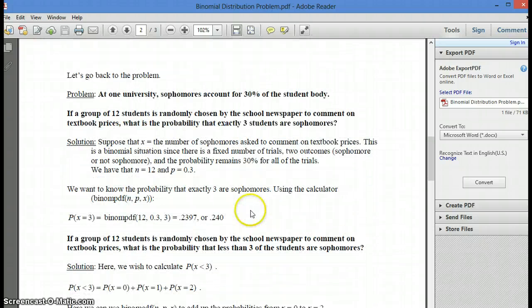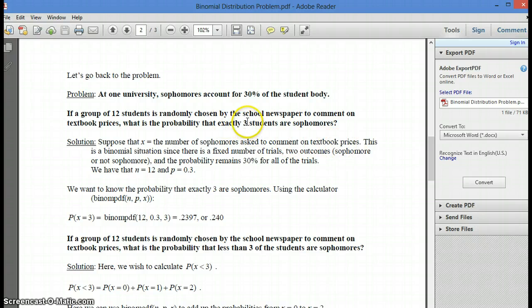Okay, so let's go back to the problem. Once again, at one university, sophomores account for 30% of the student body. If a group of 12 students is randomly chosen by the school newspaper to comment on textbook prices, what is the probability that exactly 3 students are sophomores? Here we see that X is the number of sophomores asked to comment on the textbook prices.